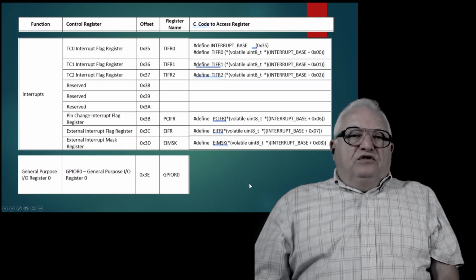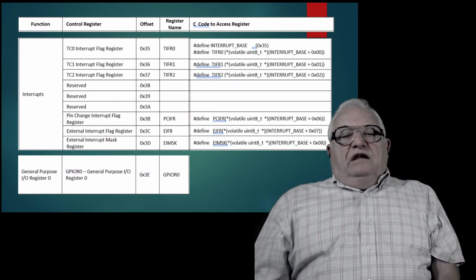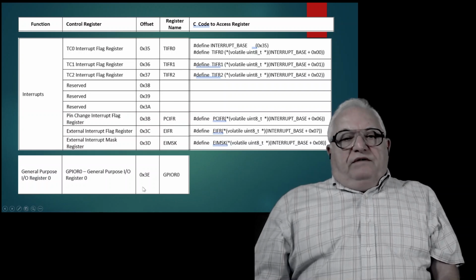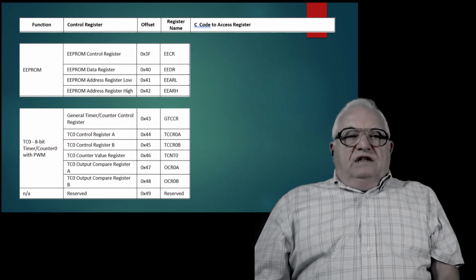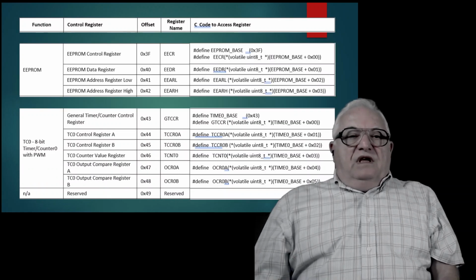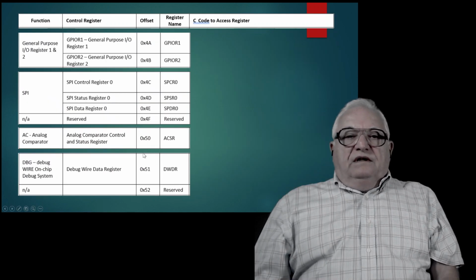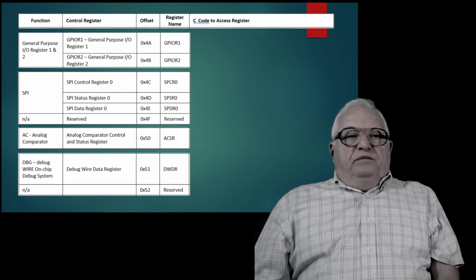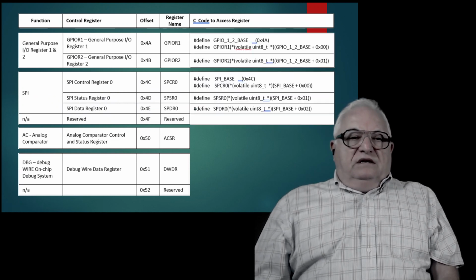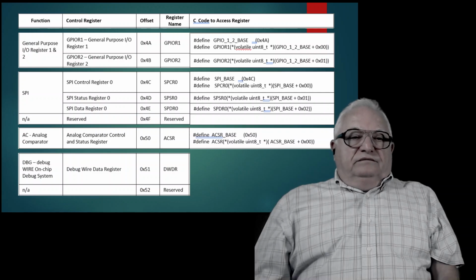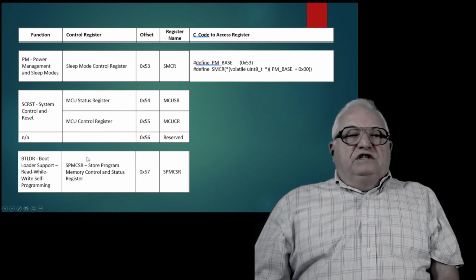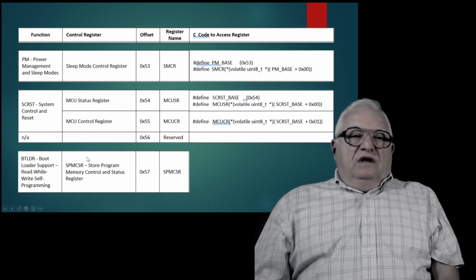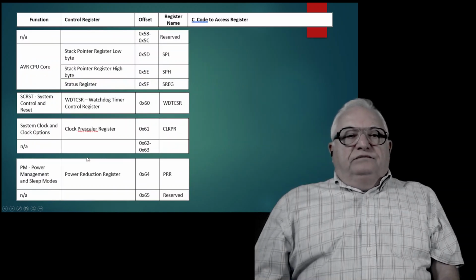I'll start reading this so you get an idea of the number of registers that we have. We have the general purpose IO register, then we have the EEPROM, and the 8-bit timer controller with PWM. Now we have the general purpose register, SPIs, analog converter. We have the power management, system controller reset, the bootloader.